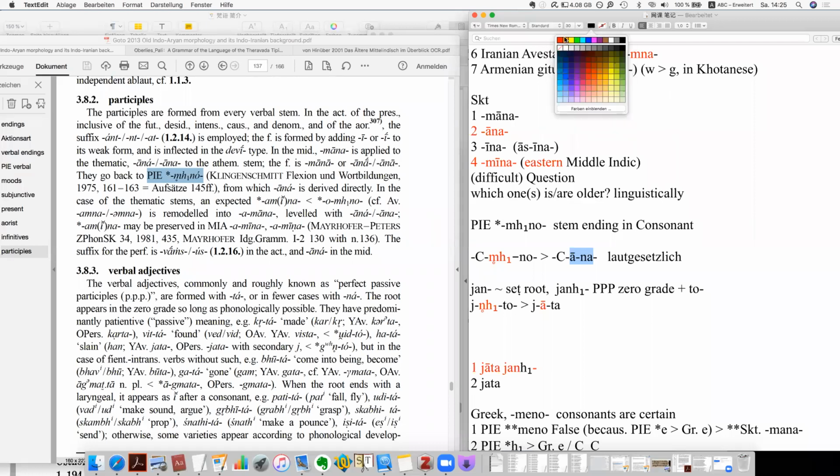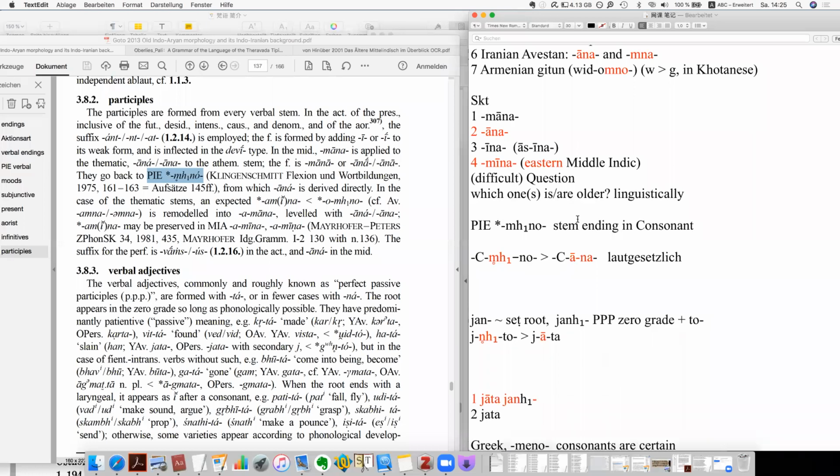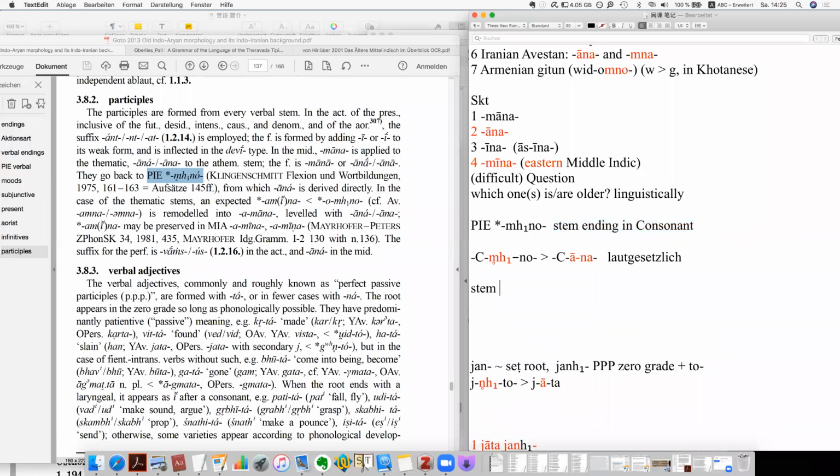So this is what I said. Āna is the older one, but pay attention: this is for the stem ending in consonant. But what about a stem ending in vowel? Like in vowel, right? We also have this no, right? So this vowel and this no. There's actually no difficulty because this is the vowel.